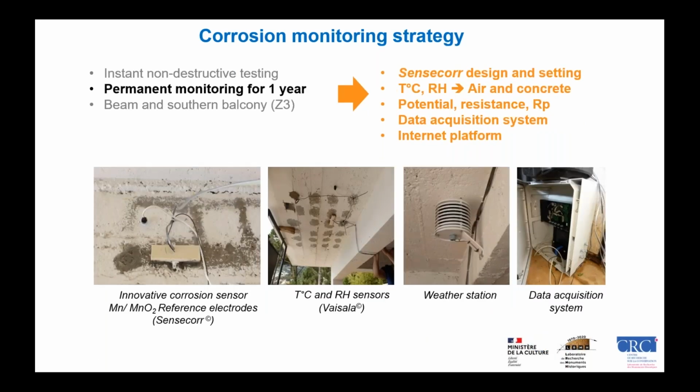And then we also applied an experimental permanent monitoring for 1 year in cooperation with the Spanish colleagues, with Carmen Andrade and with the Safecore company. And here you can see temperature and humidity sensors and corrosion sensors that were applied directly on the concrete. And there was also a weather station, and everything was linked to a data acquisition system.